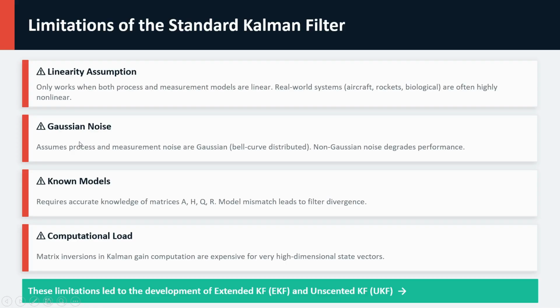It requires known model parameters. If your A, H, Q or R matrices are wrong, the filter can actually diverge and produce worse estimates than doing nothing. These limitations motivated researchers to develop extensions, most notably the extended Kalman filter and the unscented Kalman filter.